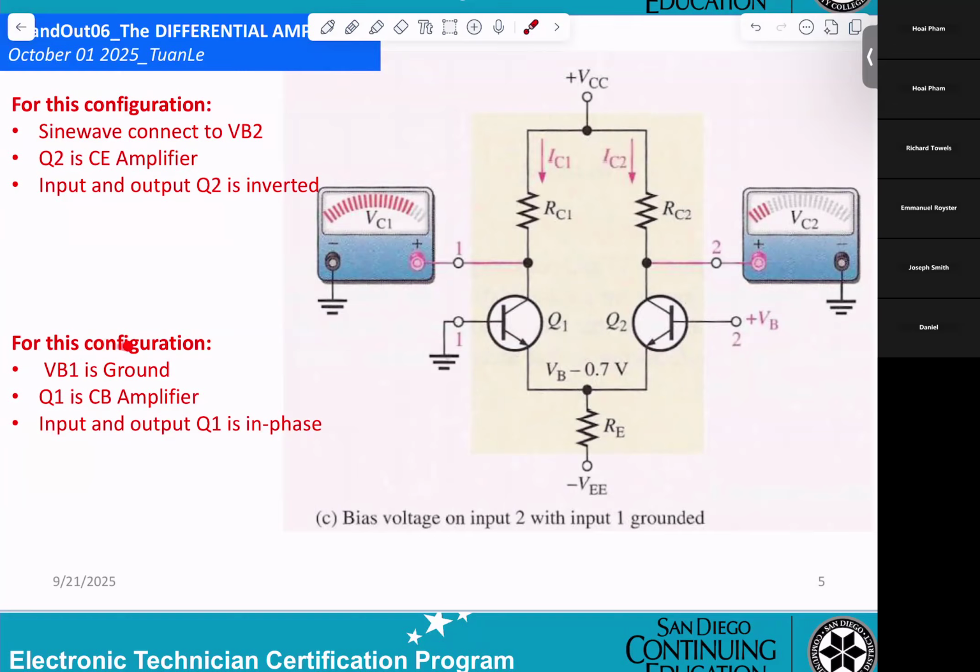For this configuration, VB1 is grounded, so Q1 now will be common base. Q1 is a CB amplifier, and input and output will be in phase. That's what they try to explain to you.